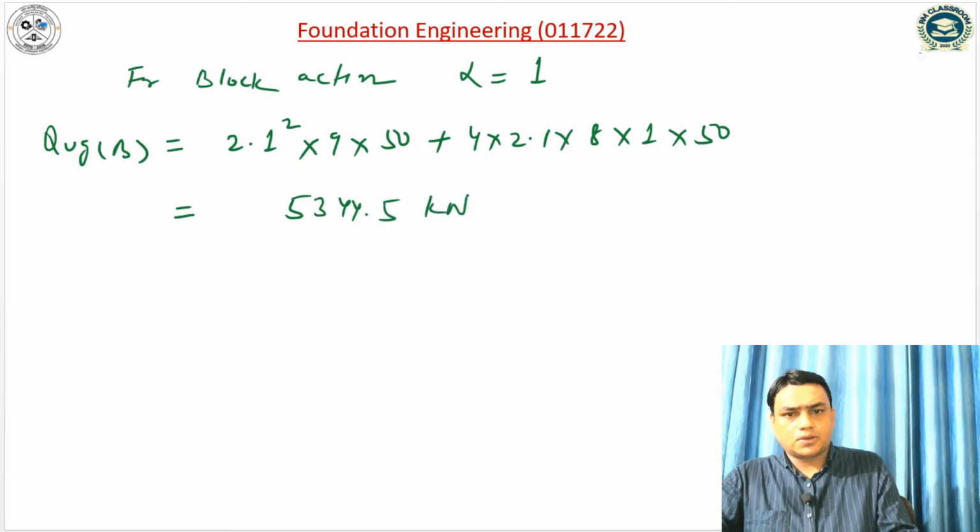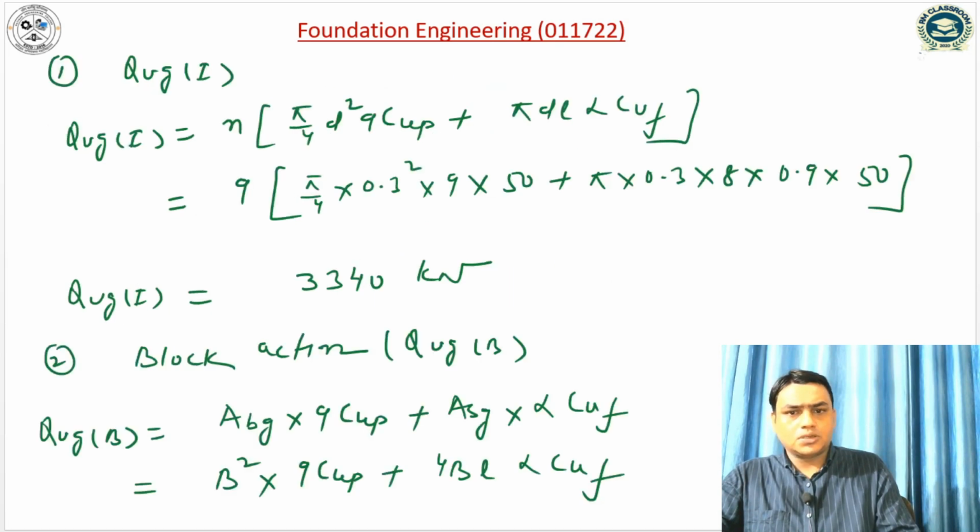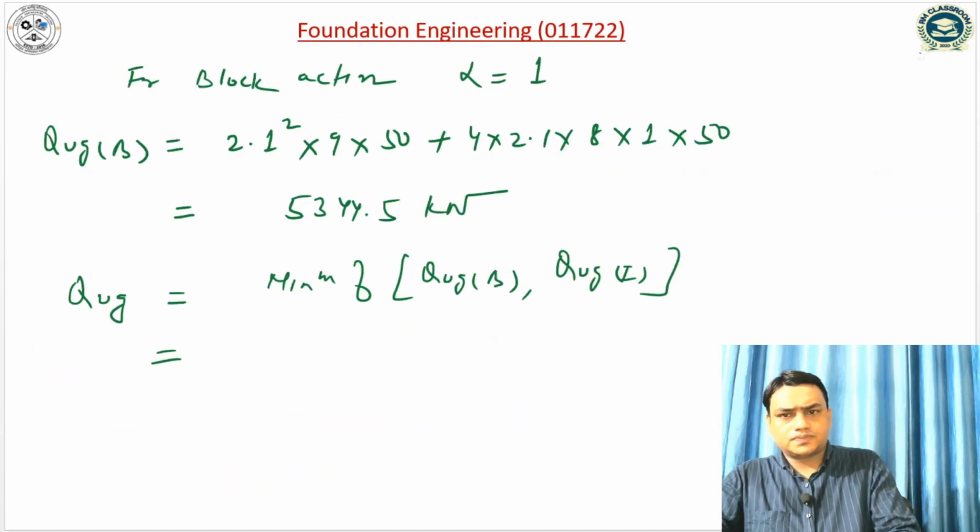So it is coming 5344.5 kilonewton. So the ultimate load Q_UG is equal to the minimum of Q_UG block and Q_UG individual. So the ultimate load on the pile group, the minimum value, is 3340 kilonewton.